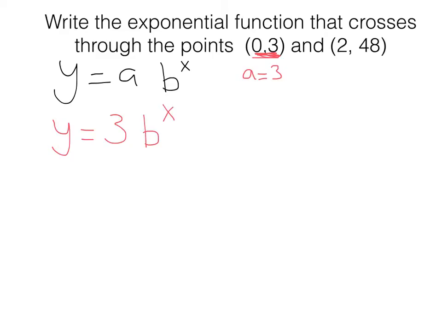In order to find b, you're going to plug in the other point you have. 48 equals y, and 2 equals x. So now that we have an equation with only one variable in it, we can solve for b.